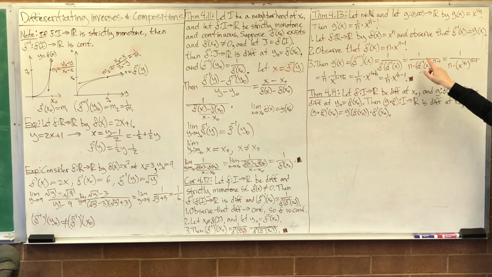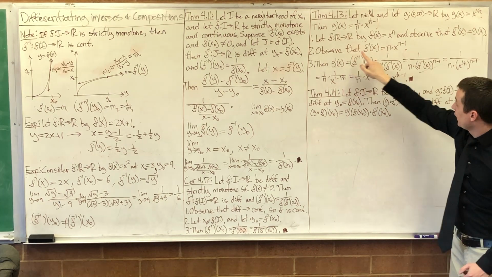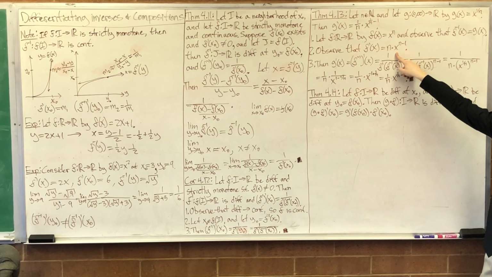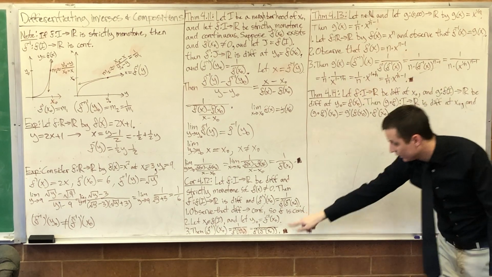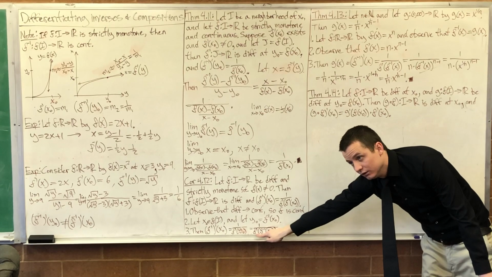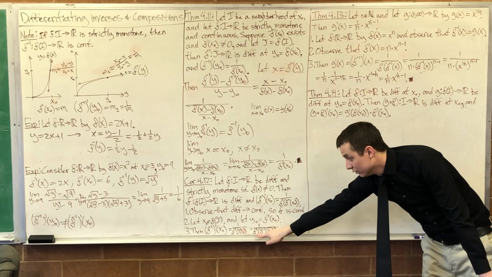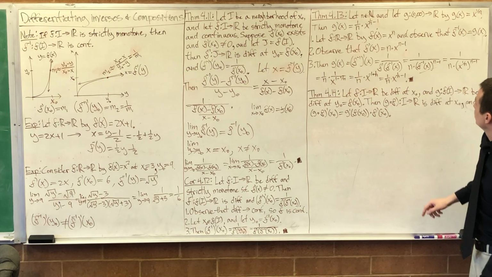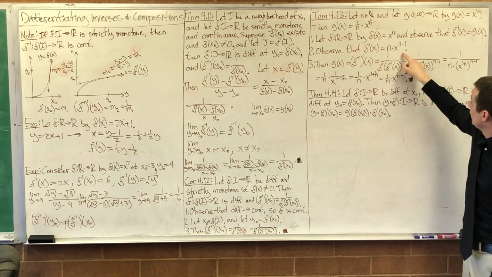So you're good with up to here, just what I called my functions. Nothing weird. Okay, observe that f prime of x is equal to n times x to the n minus 1. So I'm finding its derivative. Why? Because its derivative shows up right there, that's the formula we're using. So we now have its derivative.